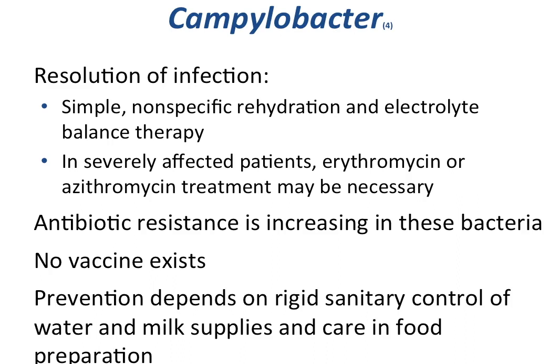For the severe patient, we have to use antibiotics such as erythromycin, azithromycin, because we want to use these antibiotics so we can shorten the disease's development and also prevent the GBS. So the prevention is good hygiene, okay, and also well-cooked food, okay.